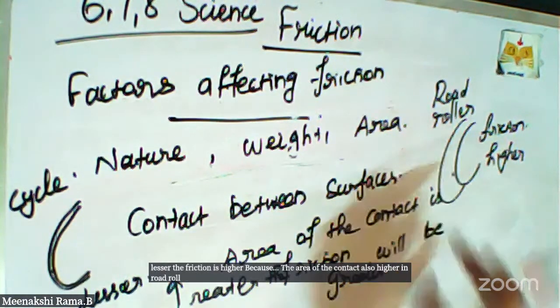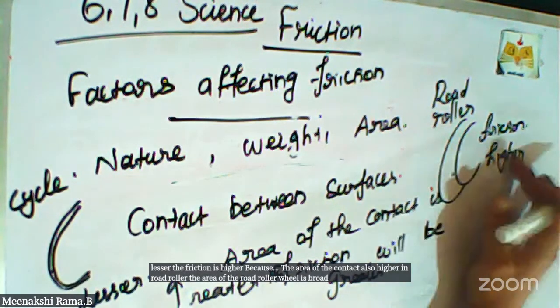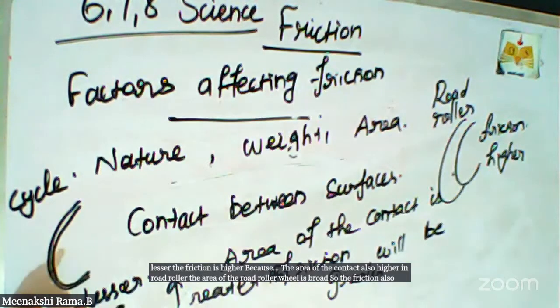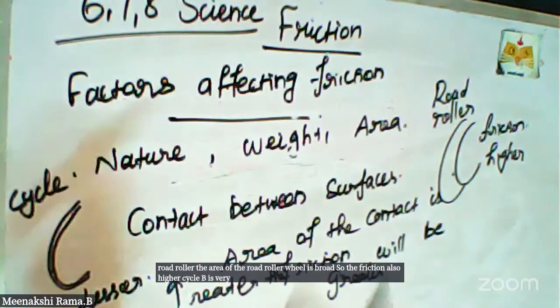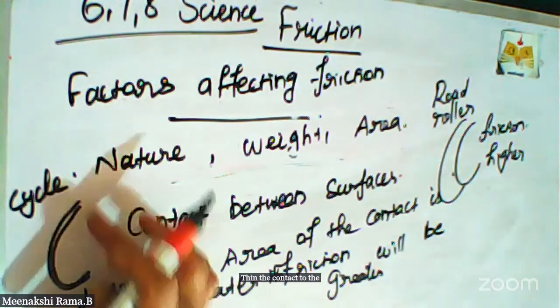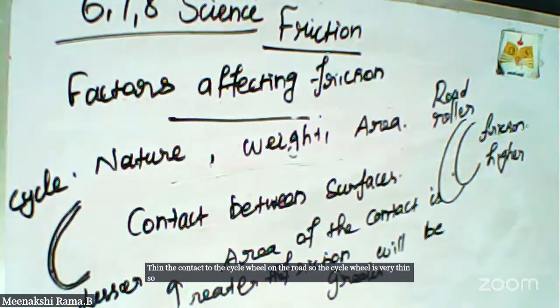The road roller wheel is broad, so the friction is also higher. The cycle wheel is very thin, so the contact of the cycle wheel on the road is small, and the friction is also lesser.